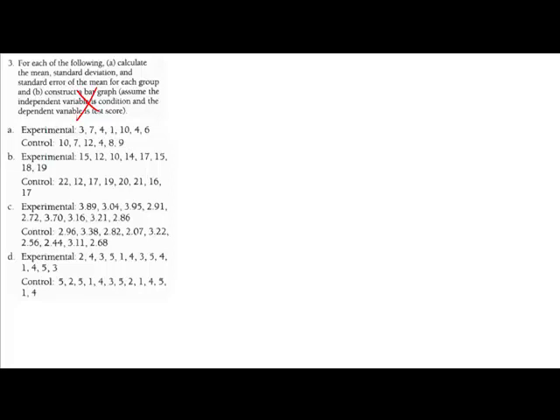Let's go ahead and do the mean for this group. So the mean of, let's call this the experimental group, is equal to 3 plus 7 plus 4 plus 1 plus 10 plus 4 plus 6. That's 1, 2, 3, 4, 5, 6, 7 numbers. The calculator doesn't want to turn on.